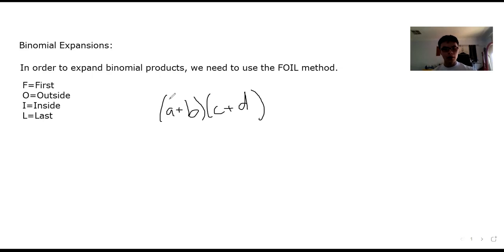The first thing that we need to do is multiply this first term here by the first term in the second bracket, which is C. So we're going to multiply those two terms, and that will be the first part, F. I'm just going to write that down.